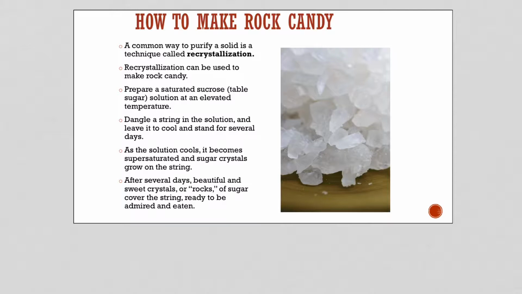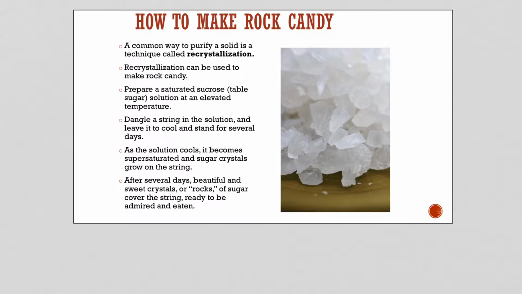And once it gets back to room temperature or even a little colder, you'll have a much sweeter version of that iced tea than you could ever create if you just tried to dissolve sugar in iced tea, even room temperature tea. You're going to have difficulty getting that much sugar to dissolve because the solubility is so much lower. So that's one of the ways that we can play with this.